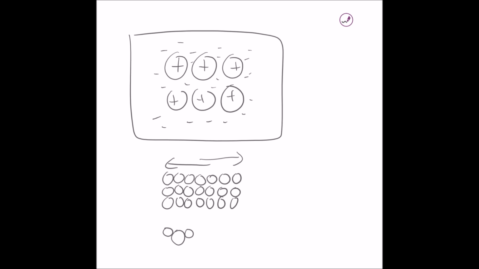So you don't get the same layers, and because you don't have the layers, they won't slide over each other as easily. If they don't slide over each other, it's going to make the metal stronger. So alloys are usually stronger than the pure metal. So an alloy is a metal mixed with one or more other elements, usually metals, but sometimes things like carbon.